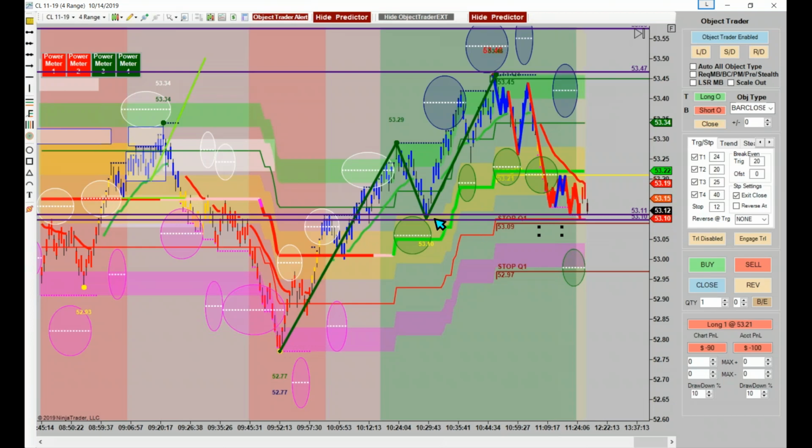See how lightning identified swings are working so far? I'm going to go ahead and add one if power meter goes green. It bounced off support.